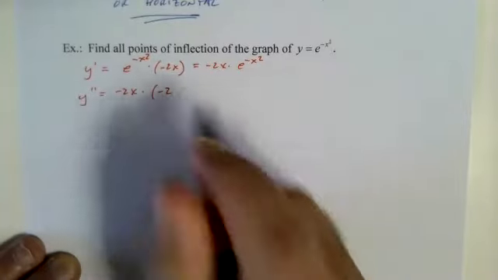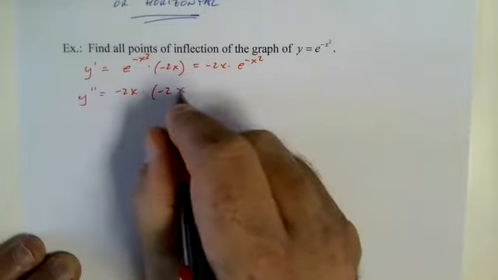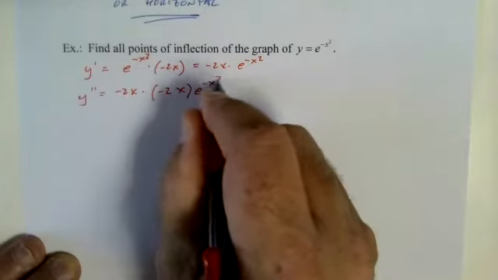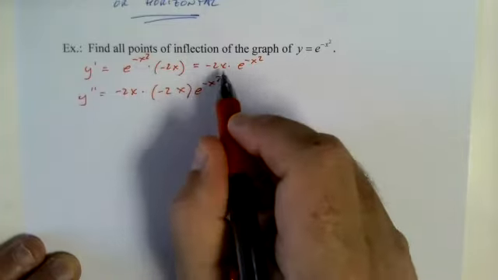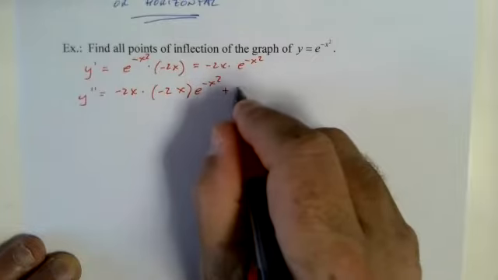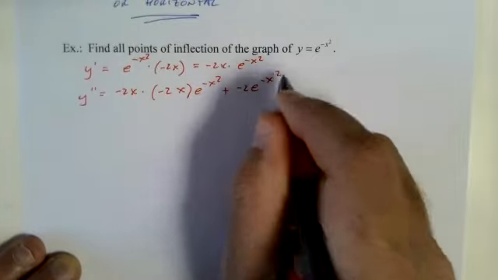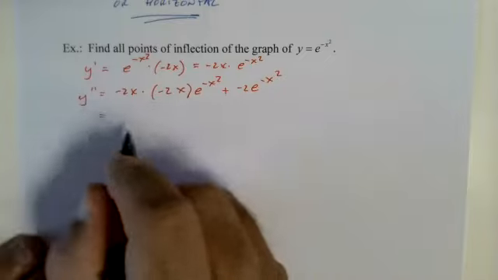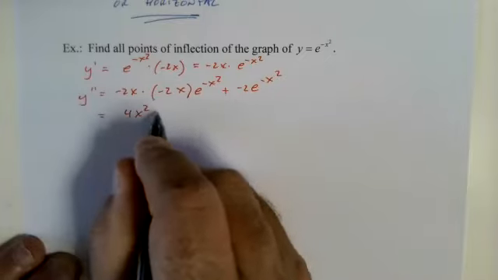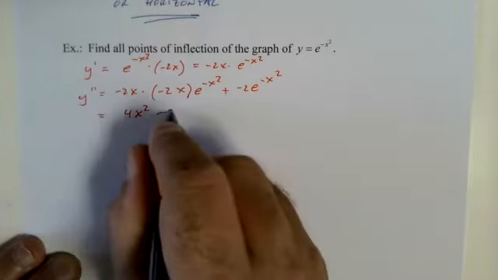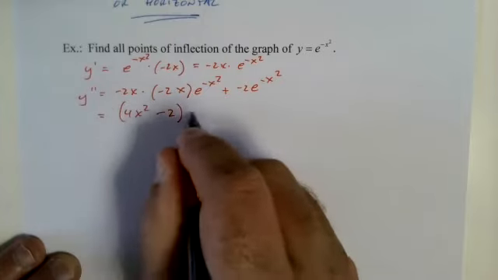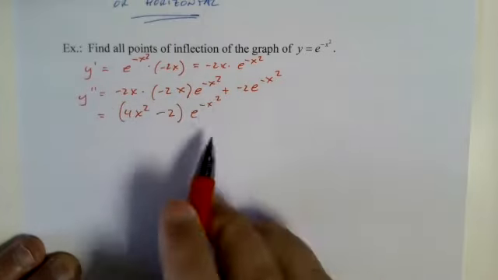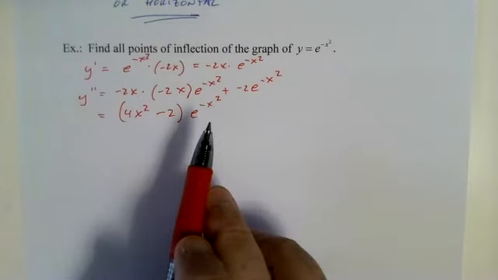That's the same derivative, negative 2x e to the negative x squared, plus, leave it, negative 2 e to the negative x squared, equals 4x squared. I'm going to factor right away, e to the negative x squared.